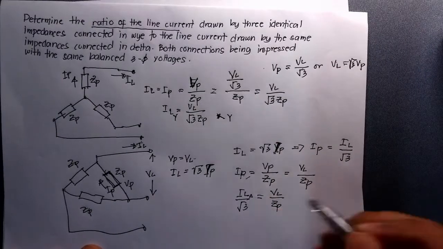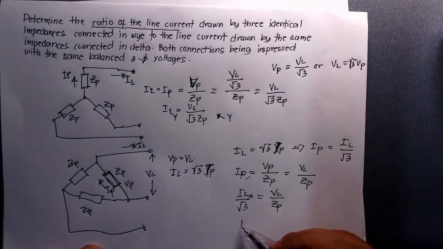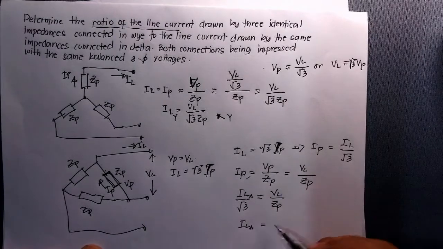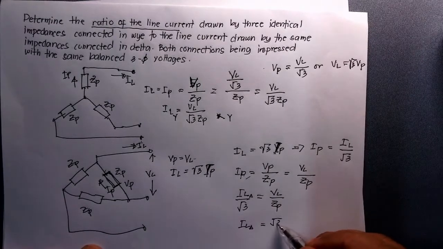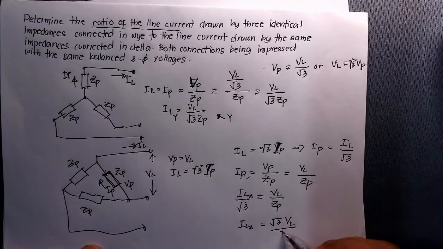So I sub L in delta is equal to the square root of 3 V L over Z P.